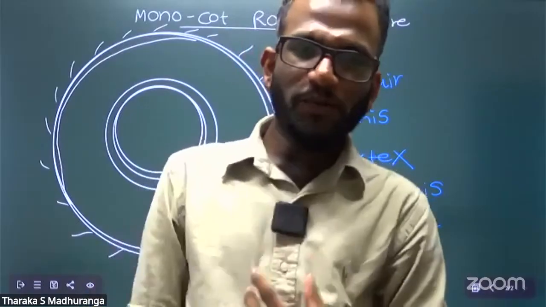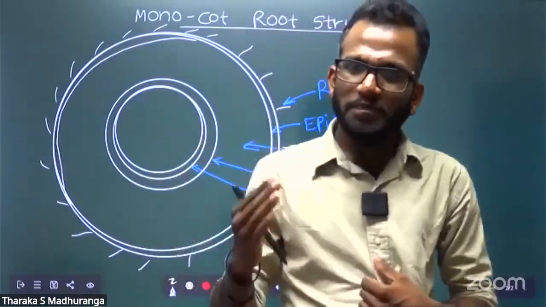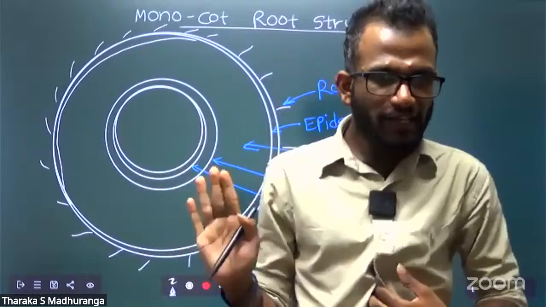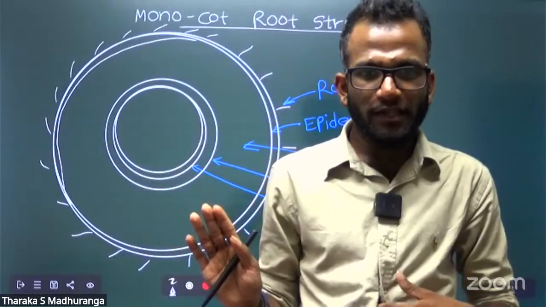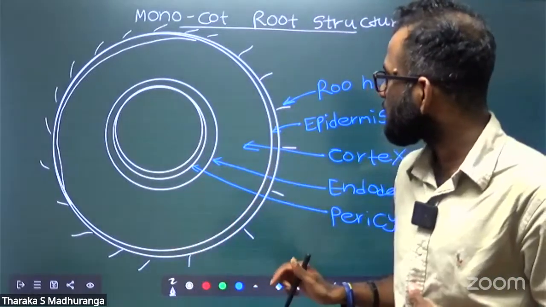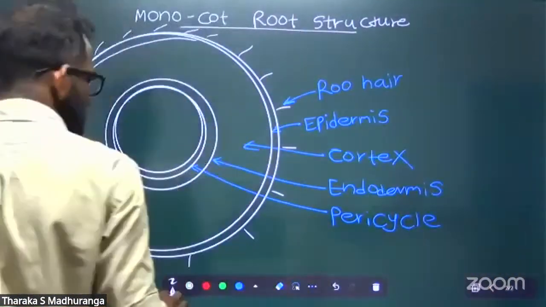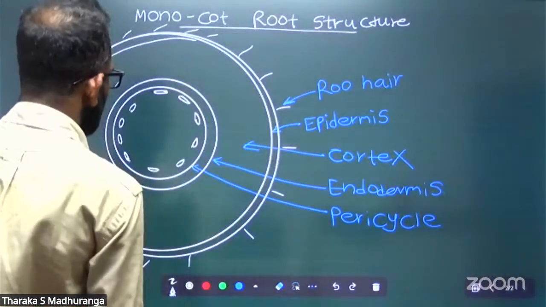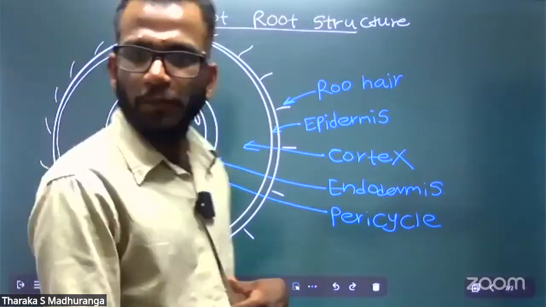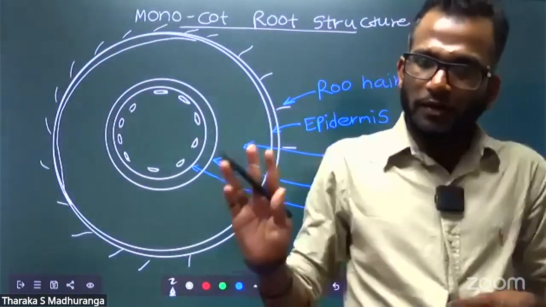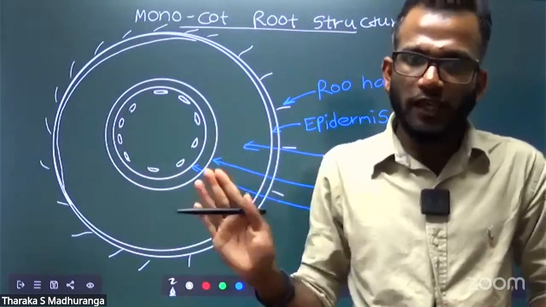I told you, up to the pericycle all structures are the same in monocot and dicot.